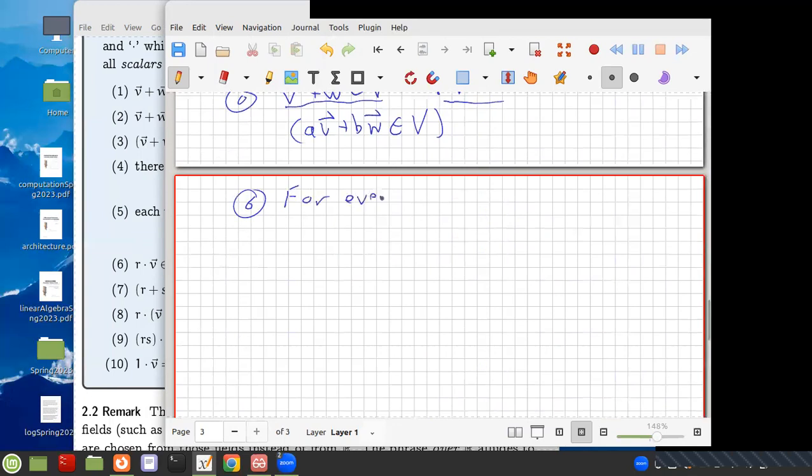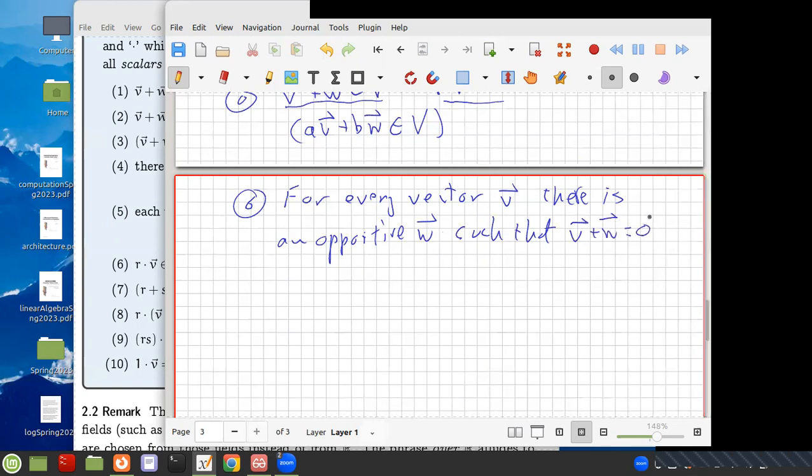For every vector V, there is an opposite vector W such that V plus W equals the zero vector.